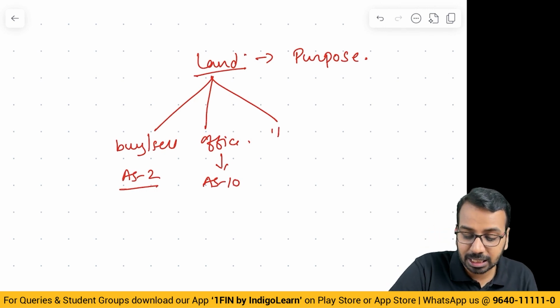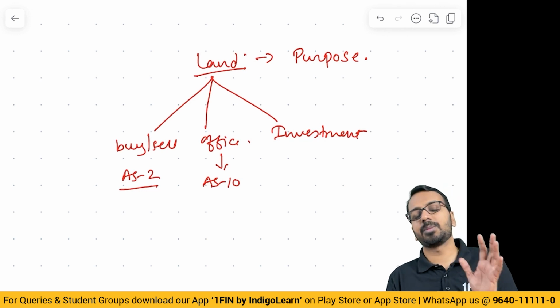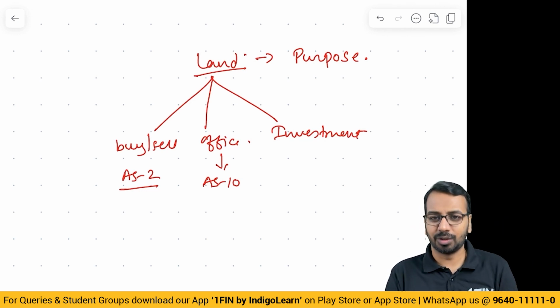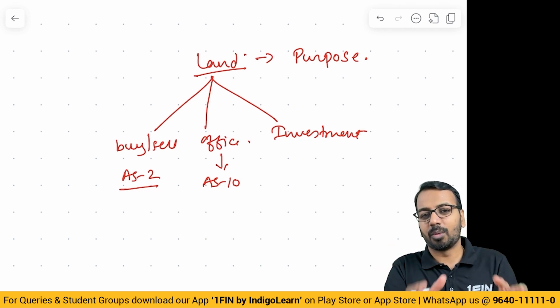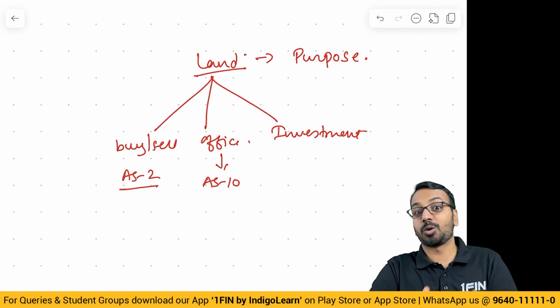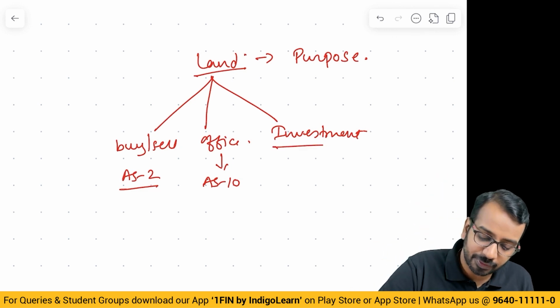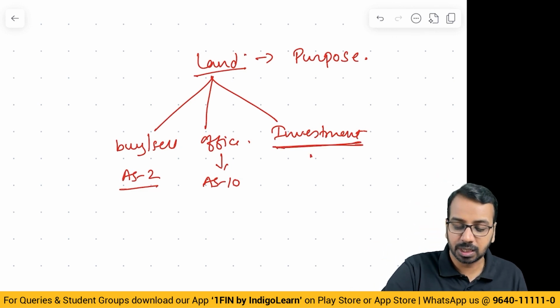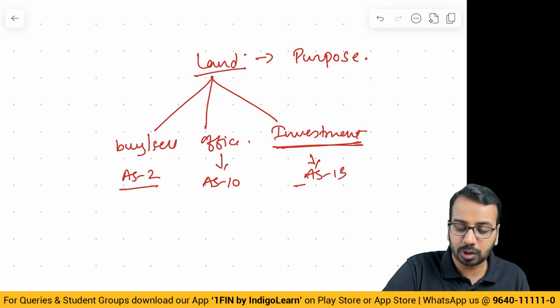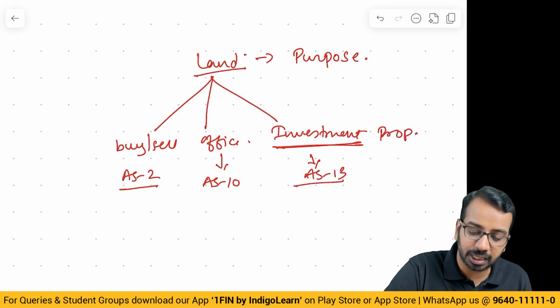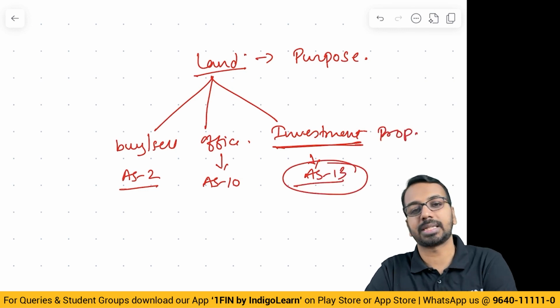If this land is for investment purpose, so what is this investment purpose? Investment purpose basically means I bought a land. You would have heard a lot of these stories, right? Someone bought a land outside the city. Today it is worth crores of rupees. So if I'm looking at it from an investment purpose, then it will be an investment. We call it investment property, and that will be covered by Accounting Standard 13.